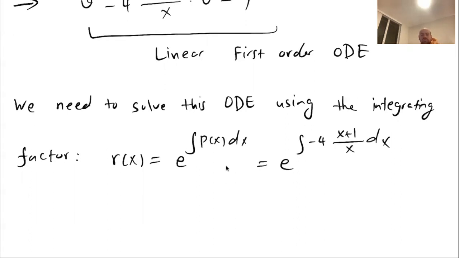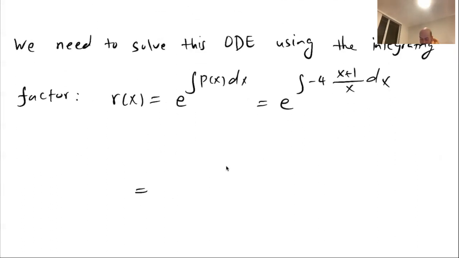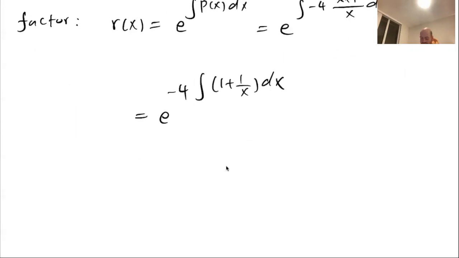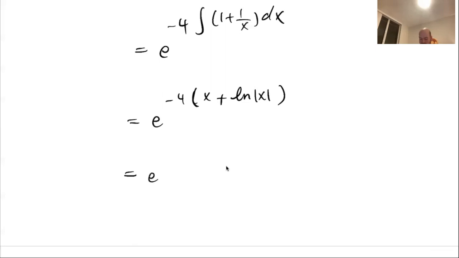And what will be this integral here? I can take minus 4 out: e to power minus 4 times the integral of 1 plus 1 over x dx. Then this is e to power minus 4 times x plus ln absolute value x.